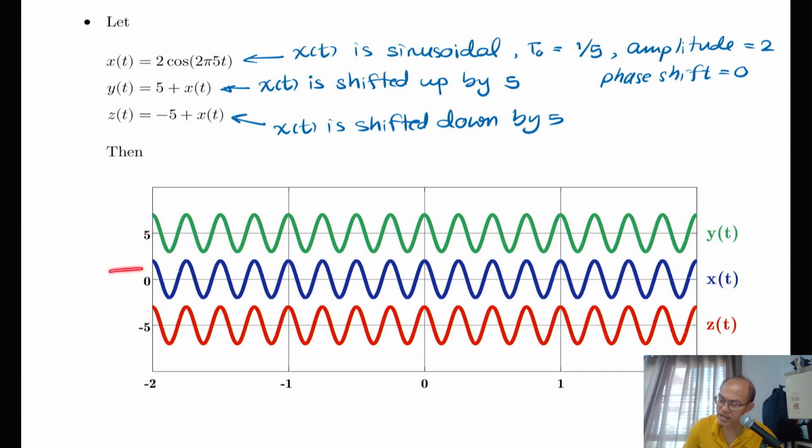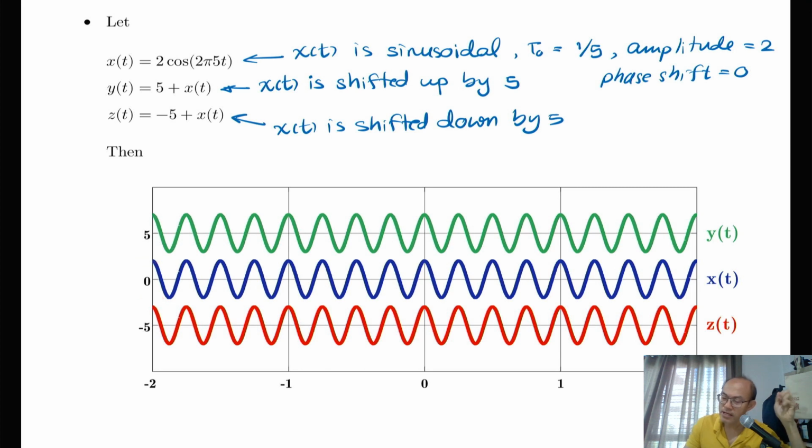So this is x. All right, you can see that the period of x is about 0.2, 1/5 of a second, and the amplitude of x is 2, so it goes from 0 to 2, and then from 2 down to negative 2, and goes up from negative 2 to 2 again.